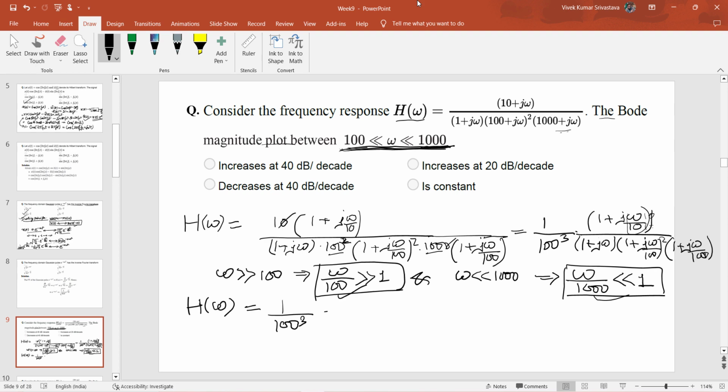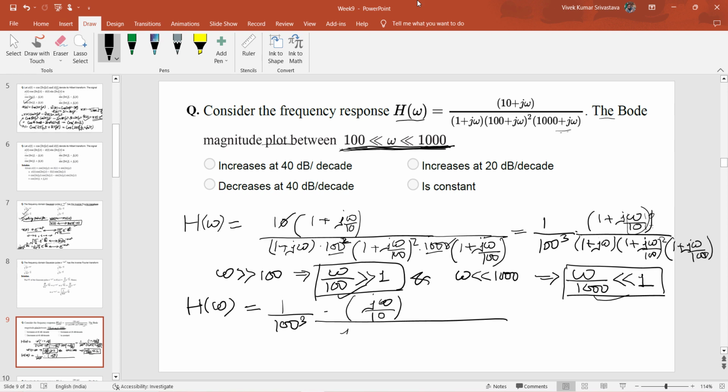So this 1 is negligible, and we can directly write it as j omega by 10. Similarly for the denominator, if you multiply this factor by 100 over 100, this factor is basically greater than 1, so you can neglect the 1 here.